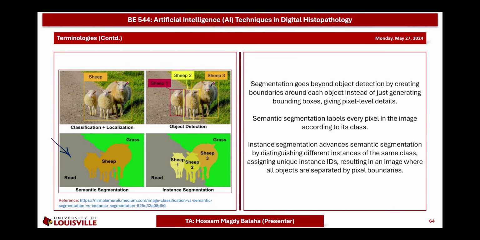But instance segmentation advances semantic segmentation by differentiating between the different instances that belong to the same class, by assigning a unique instance ID to each of them. By doing that, it will separate each of the objects. For example, sheep 1, sheep 2, and sheep 3 can be split from the image without considering that each of them belongs to the same class.